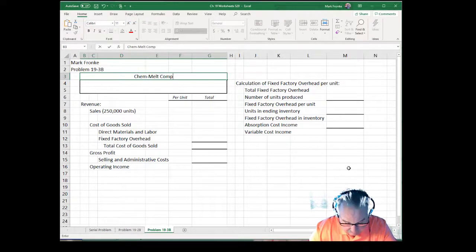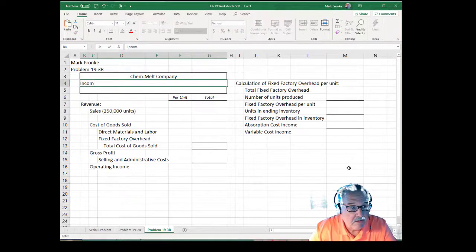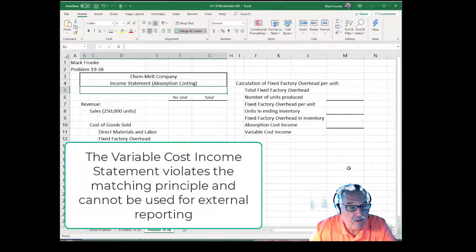So this is the Chem Melt Company, and we're going to make an income statement under absorption costing, because that is generally accepted accounting principles. We cannot use variable costing for our financial statements that we publish, because it would violate the matching principle.